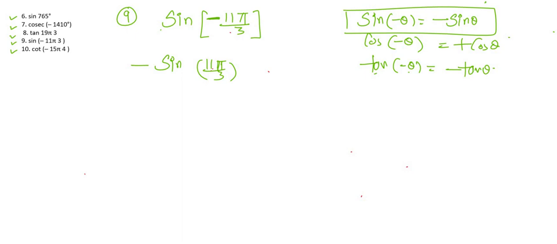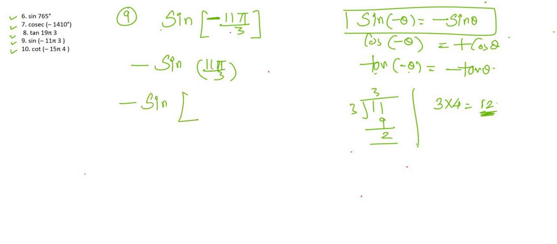Now try to divide 11 by 3. So this comes out to be 3 3s are 9 and leftover is 2. Or if we write 3 into 4 is 12, correct? The closest multiple is 12. So can I write it? See here, the manipulation that we need is 4 pi minus pi by 3.